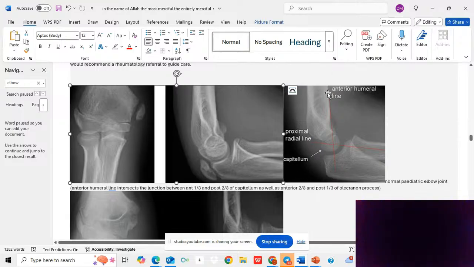Also, the anterior humeral line, together with the proximal radial line, should intersect the capitellum at approximately the middle of the capitellum, as you can see here.